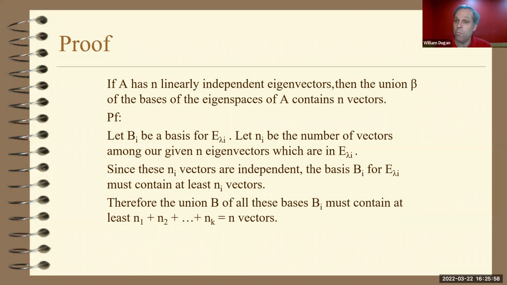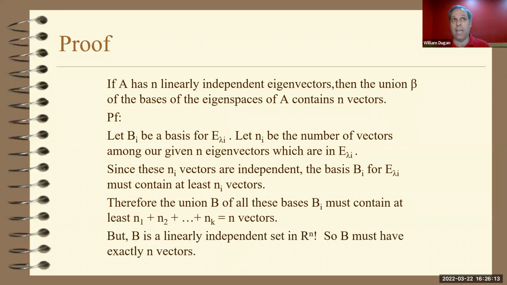But we know from a previous theorem that the union of the vectors in these separate bases is linearly independent. So the union can't be more than n vectors, because the maximum number of linearly independent vectors in R^n is n. So it can't be more than n, it can't be less than n, it must be n.